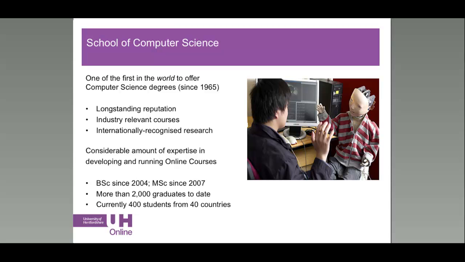The BSc Honours in Computer Science program was launched in 2004, followed by an online master's in 2007. More than 2,000 students have successfully graduated from the BSc program alone, and the current online BSc student population comprises around 400 students from over 40 different countries, including the UK.